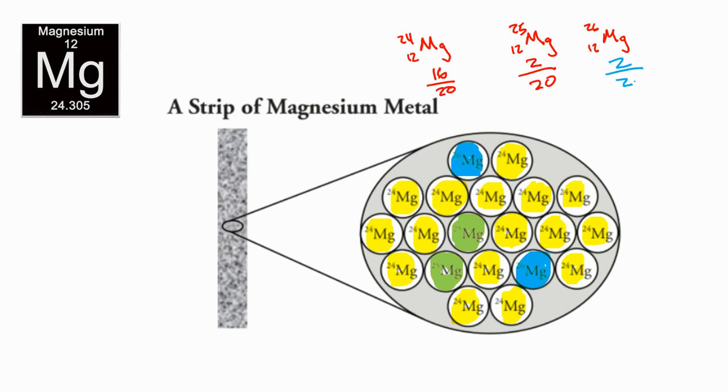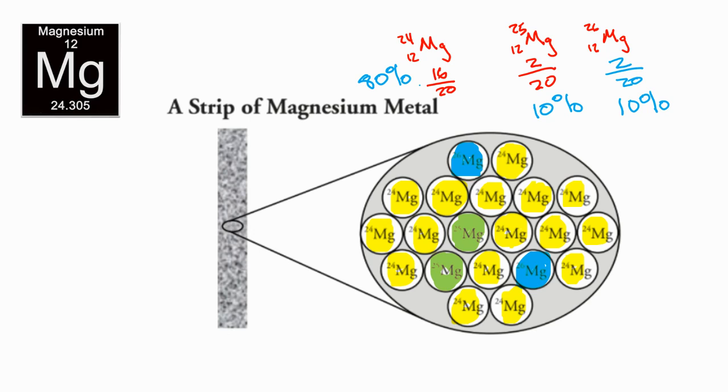2 out of 20. Now, if you actually do the math on these fractions, that means about 10% of our atoms are magnesium-26, about 10% are magnesium-25, and about 80% are magnesium-24.